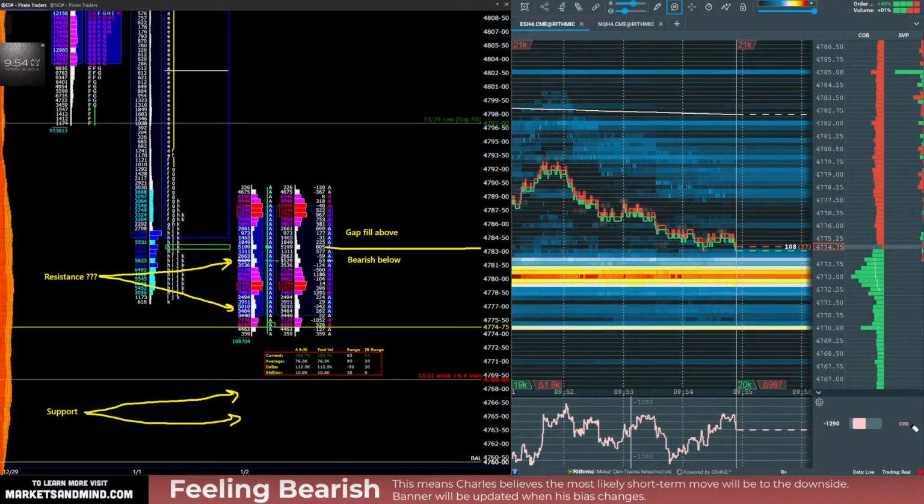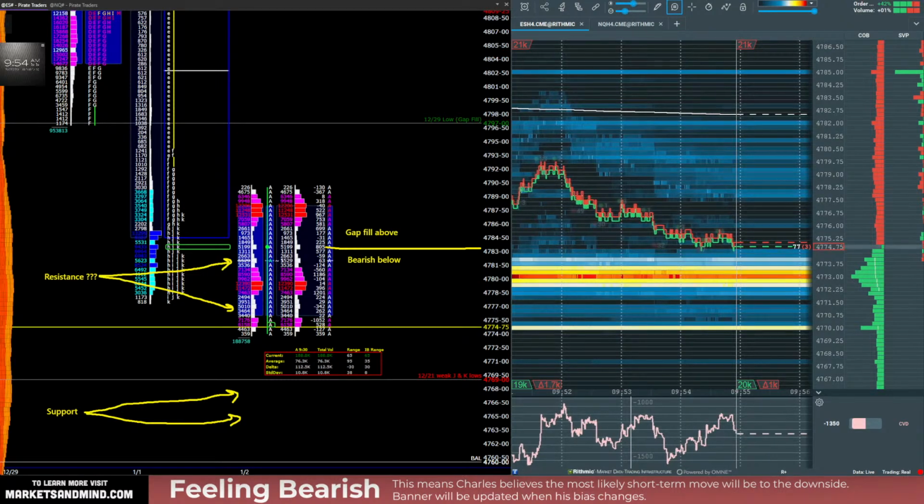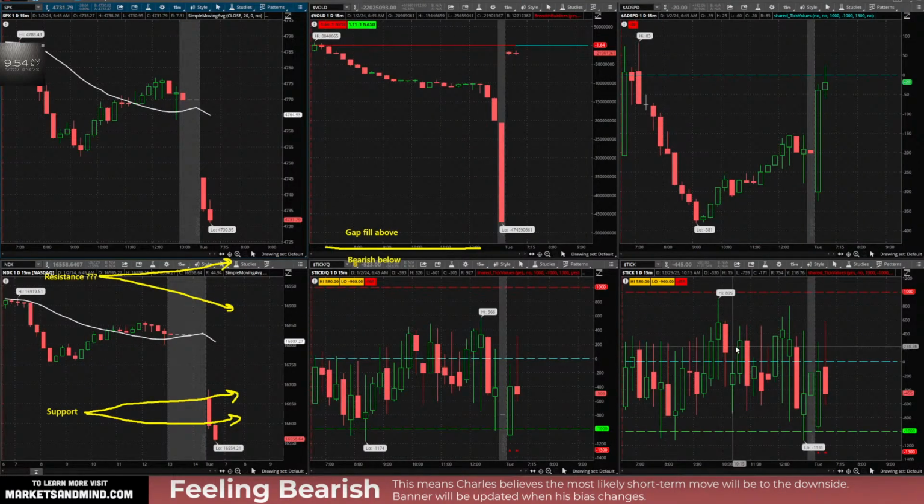I'm just going to click over and take a quick look at the market internals to verify this. So you could see the market opened obviously very bearish on the ticks because we had a gap down. They were able to recover that momentum back to the zero line on both markets, but then got smacked back down.